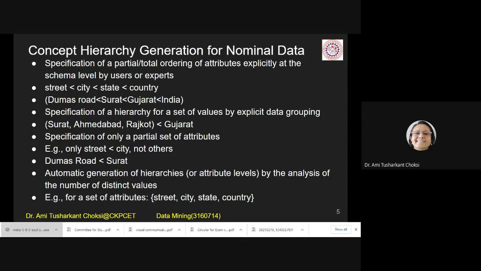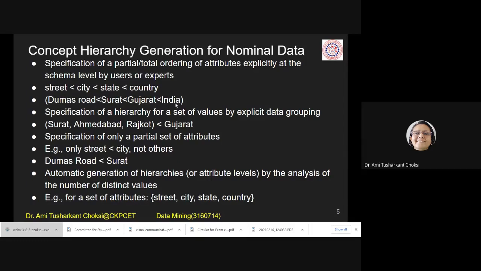We know that street is less than city, is less than state, is less than country, right? But do we have the relation between them? Yes, of course, area wise, city is less than state, and state is also less than country, that is also area wise, isn't it? For example, we can say Dummas Road is less than Surat, is less than Gujarat, is less than India.